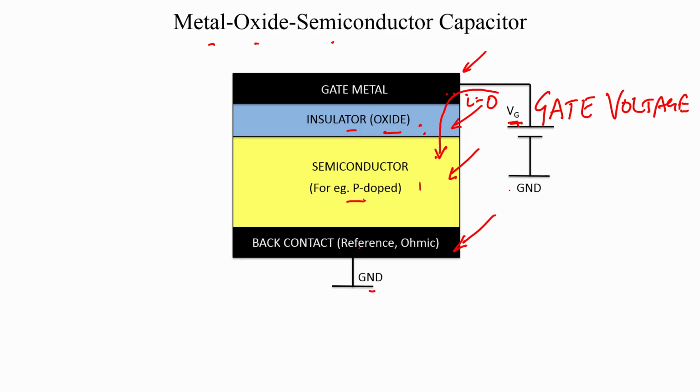You have the gate, insulator, semiconductor, and the back contact or reference terminal, which provides not only the voltage reference but also supplies the semiconductor layer with an infinite source of carriers. This is the structure we will analyze for some time.